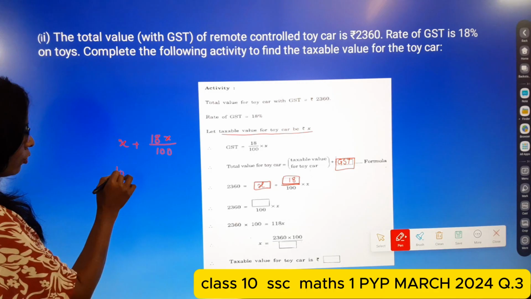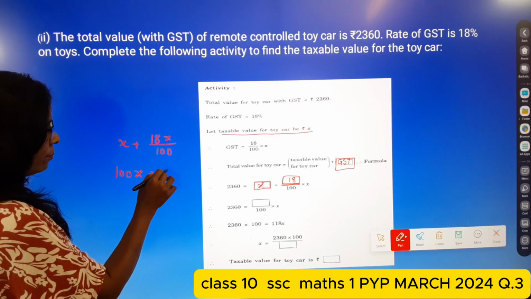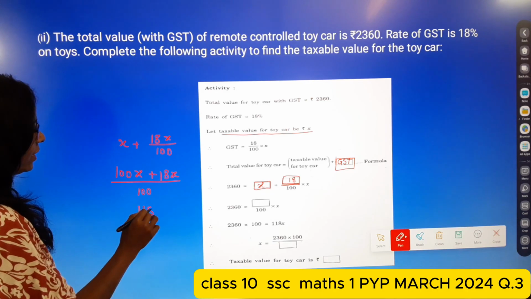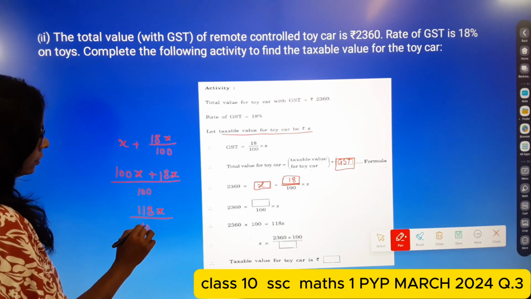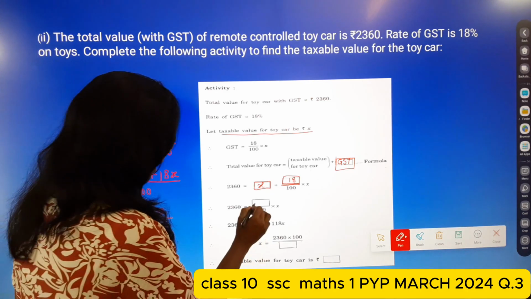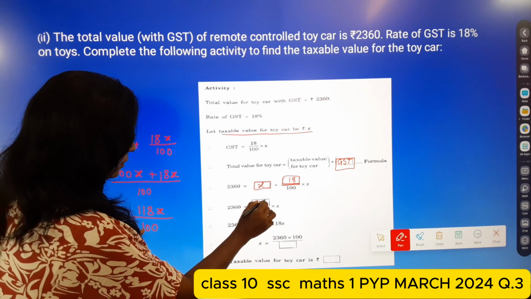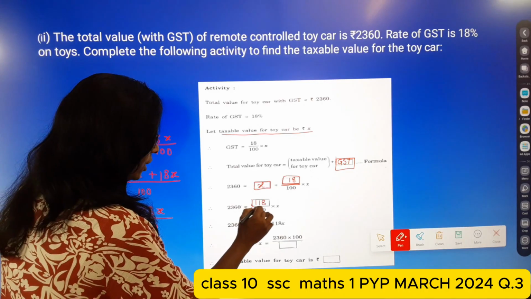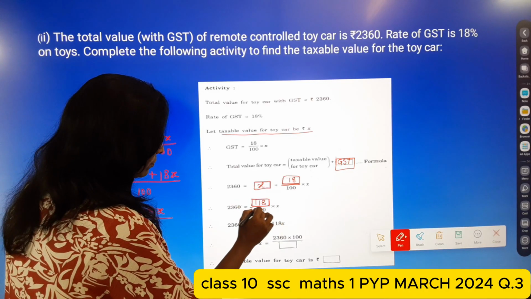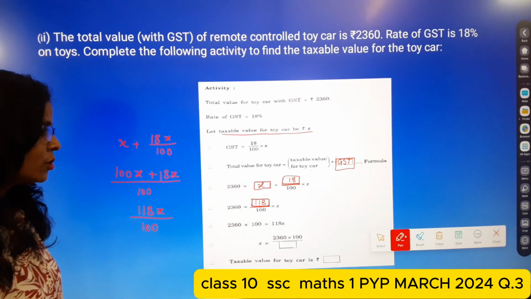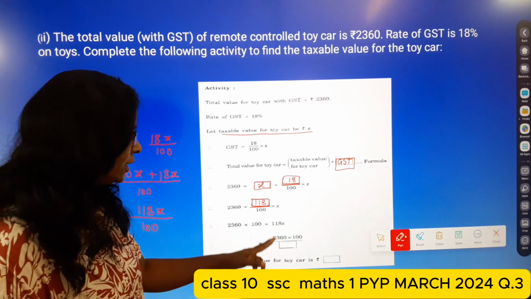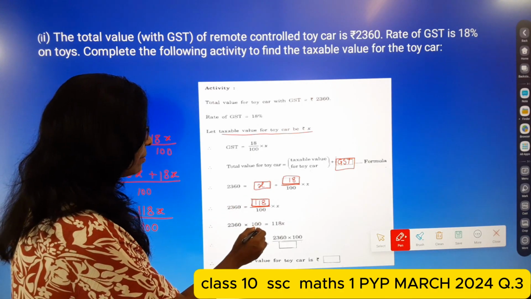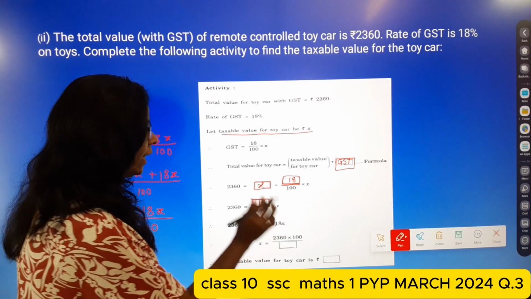So that means cross multiply, 100X plus 18X upon 100. So that means 118X upon 100. So here we can write 118, X is already given, divided by 100. Okay students, now the cross multiply, we have to solve this equation: 2360 multiplied by 100 is equal to 118X.